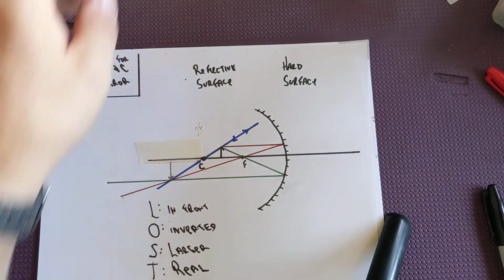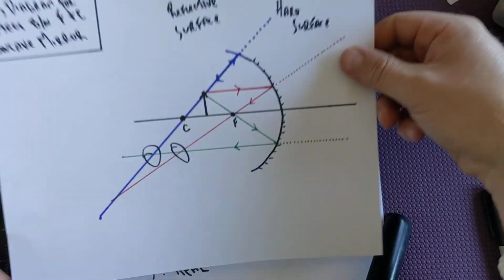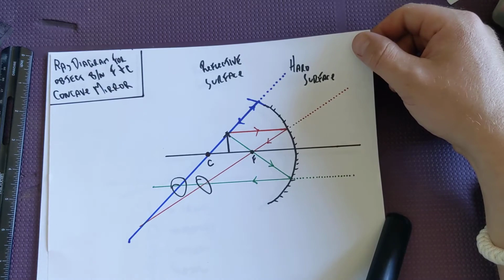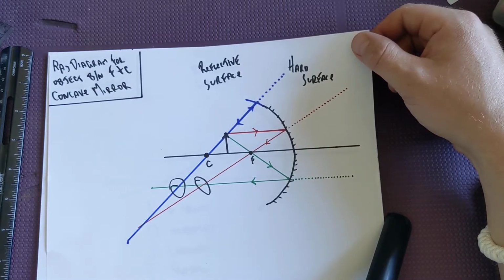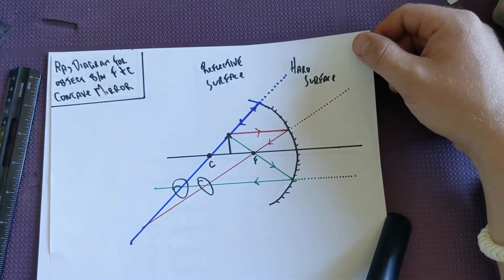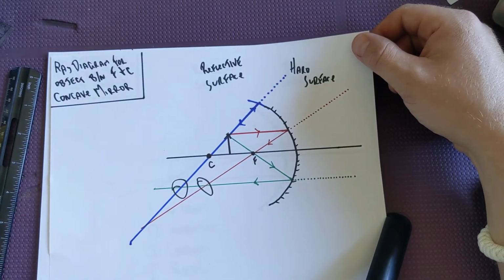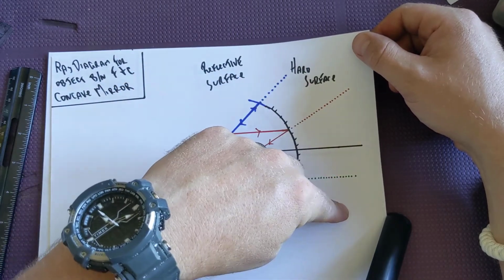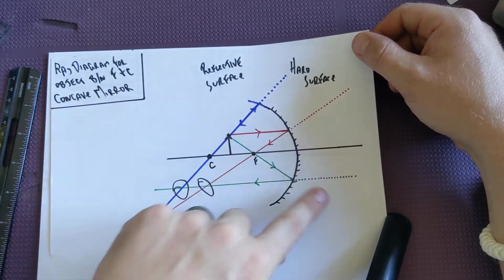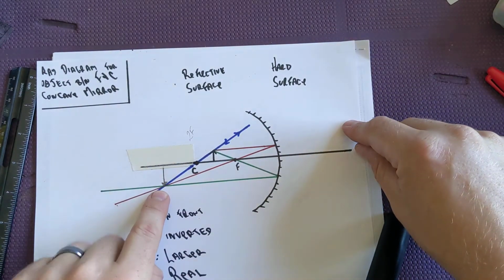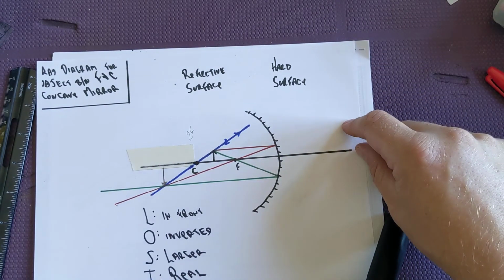Okay, if you'll remember from my first attempt, which failed, but we learn from our failures, we fail forward. All of our reflected rays diverge, right? They're going out, they're not intersecting behind the mirror. They're intersecting in front of the mirror. So we've got a real image.